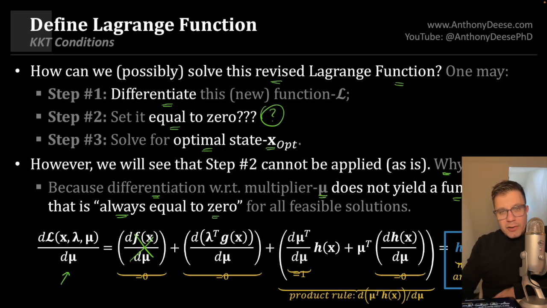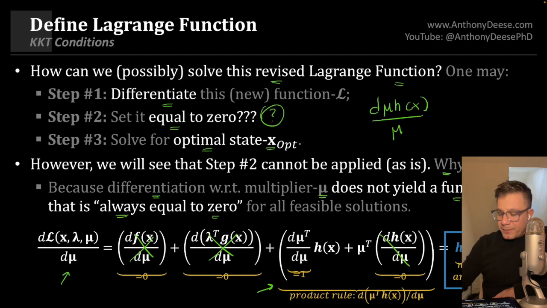F is not a function of mu, so that goes away. Neither lambda nor g of x is a function of mu, so that goes away. And then down here, we're applying the product rule in order to find the derivative of essentially mu h of x with respect to mu.